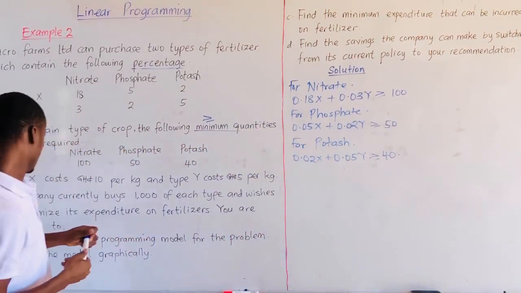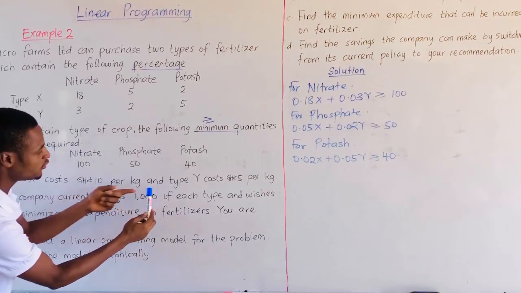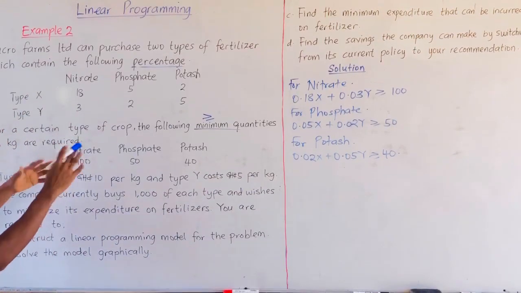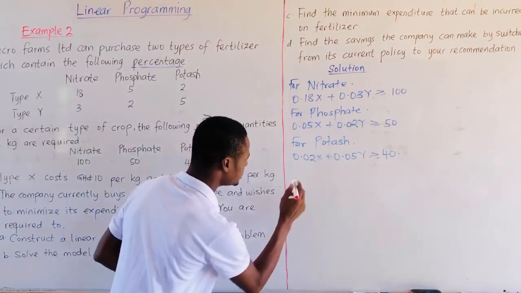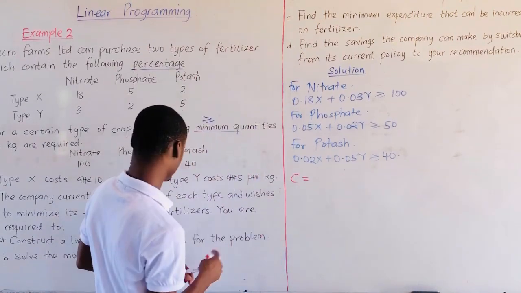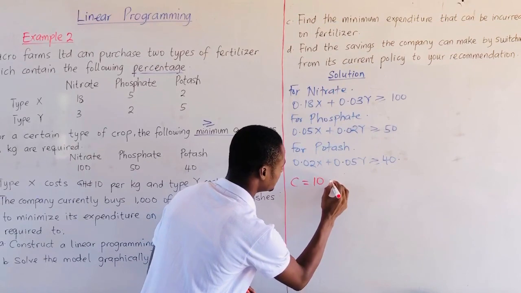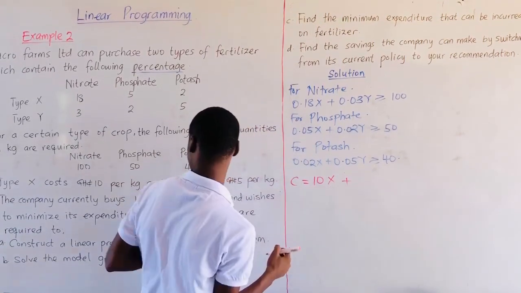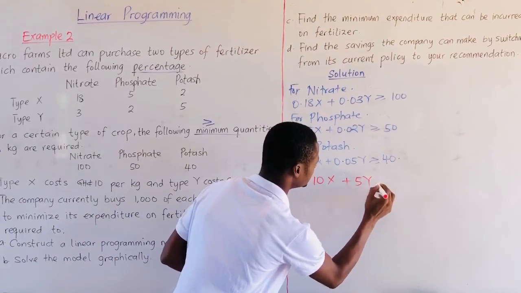So type X costs 10 cedis per kilogram and type Y costs 5 cedis per kilogram. So the total expenditure on fertilizer, let's use C for that, will be equal to 10 cedis for type X, and then per kilogram of Y is 5 cedis.